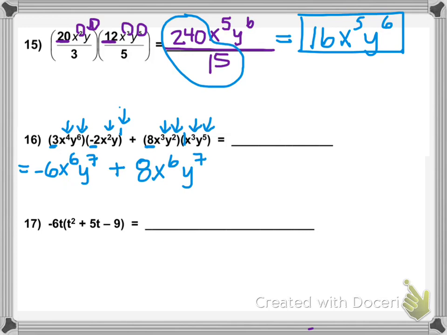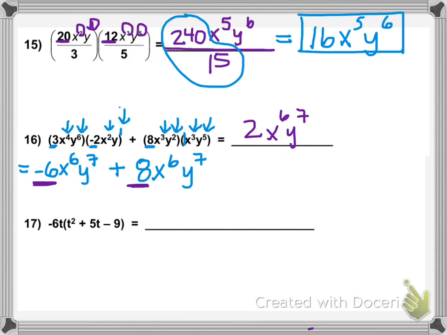And remember, when you add like terms, you just add the coefficients. We're not going to do anything with the variables and exponents. So our variables and exponents are still going to be x to the 6th, y to the 7th, but we're going to add the negative 6 with the 8, which is going to give us a positive 2. Okay? Write a little note off to the side if you need help with that one, and I can help you.